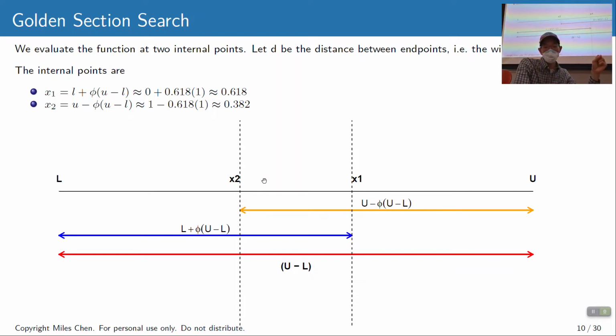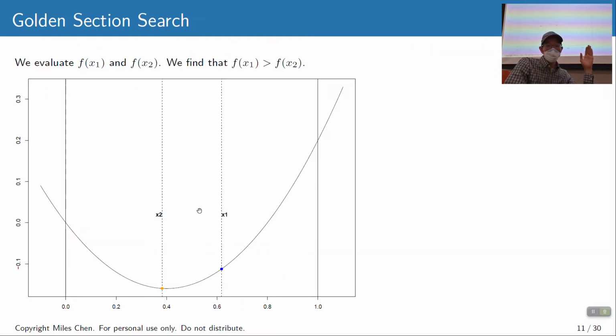And for x2, I'm going to take that ratio 0.618, multiply it by that difference, upper minus lower, and then subtract it from the upper bound. So we take the distance from upper to lower, and we go 0.618 up to here, and then 0.618 down to this side.